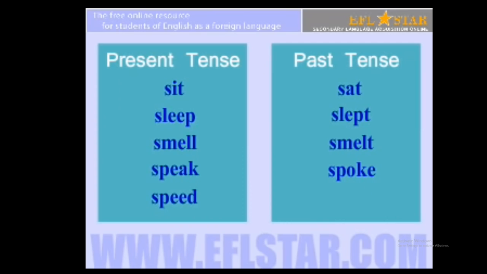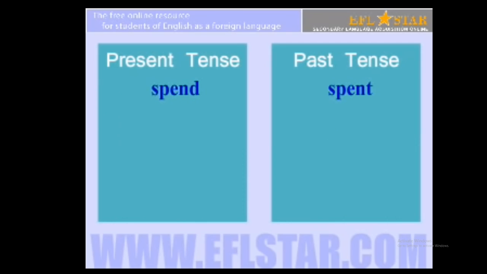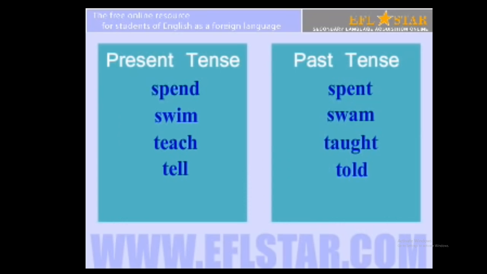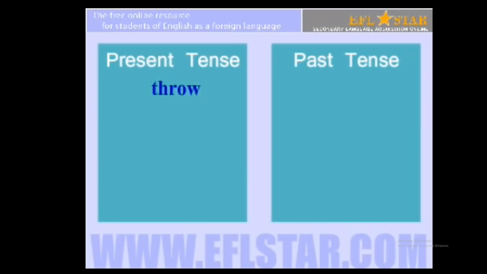Speed, sped. Spend, spent. Swim, swam. Teach, taught. Tell, told. Think, thought. Throw, threw. Win, won. Write, wrote.